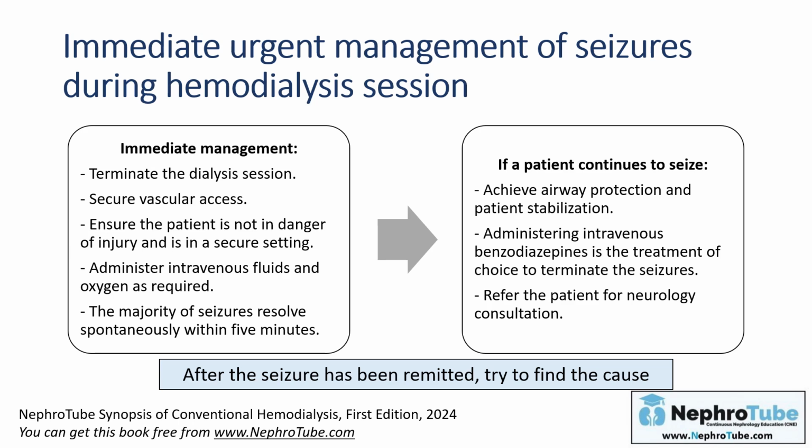So assess the blood pressure of the patient. And then order a blood sample for the serum level of glucose, calcium, sodium, magnesium, and other electrolytes to exclude hypoglycemia, hypocalcemia, hypernatremia, and hyponatremia as the cause of these convulsions. Then you have to order brain imaging to exclude intracranial hemorrhage.